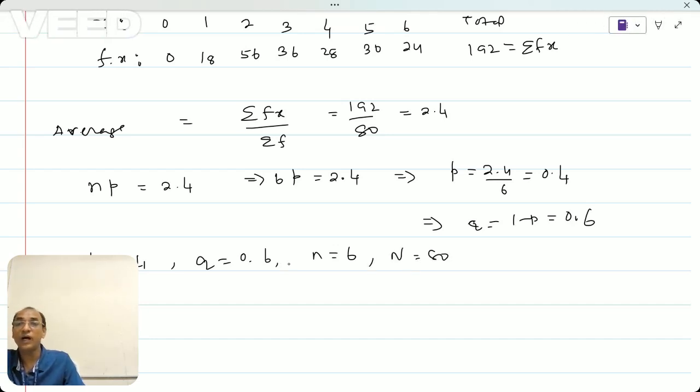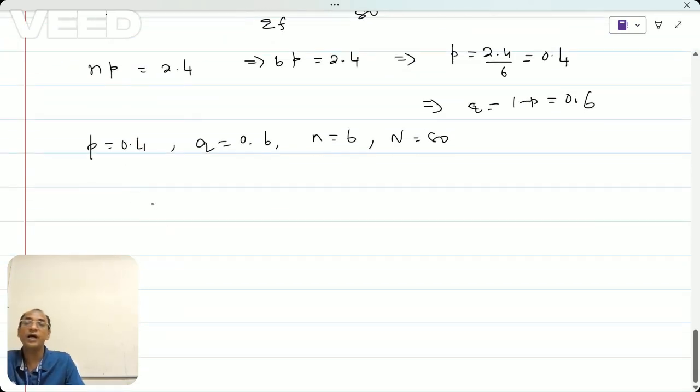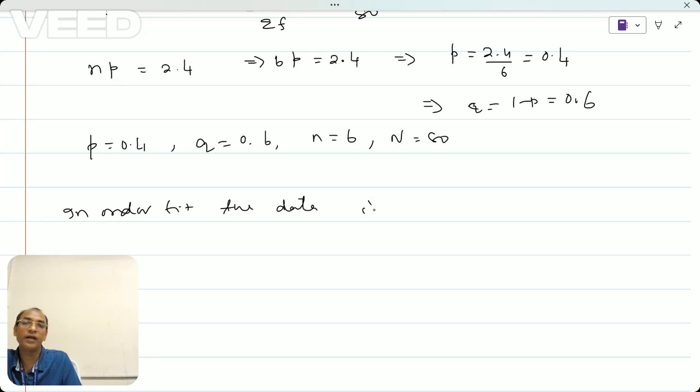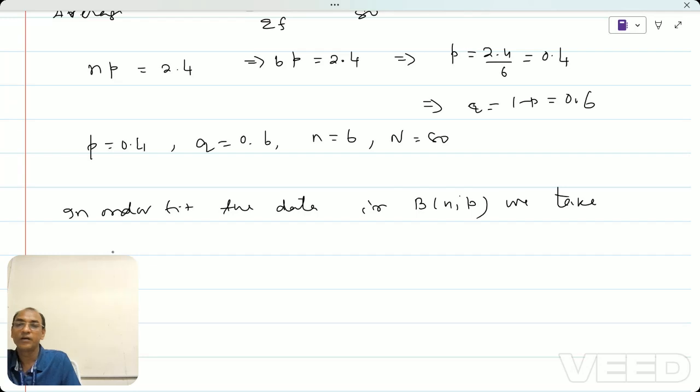Now, in order to find the theoretical frequency, I will find the binomial distribution in this way. So in order to fit the data to a binomial distribution, we take it as capital N into nCx p to the power x into q to the power n minus x.